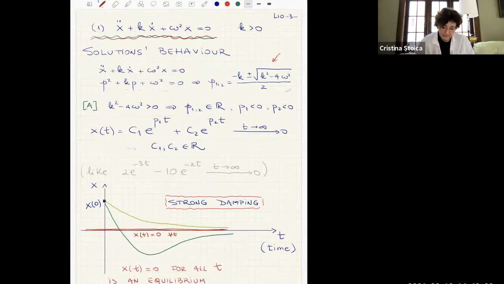And this position where it stops, where nothing moves, is called an equilibrium position. It doesn't go anywhere. This kind of behavior for the damped oscillator says that the oscillator exhibits strong damping.